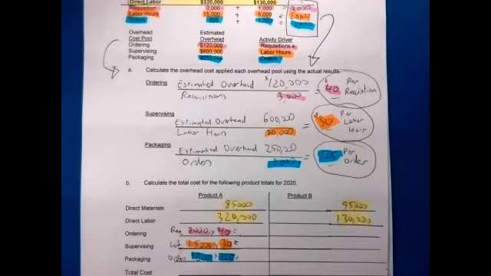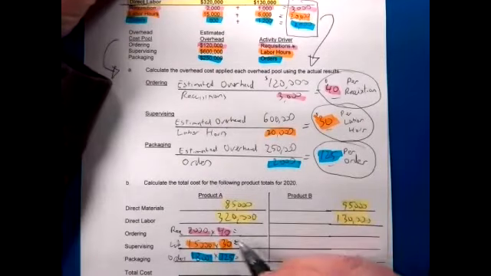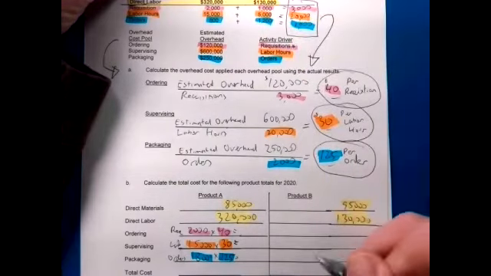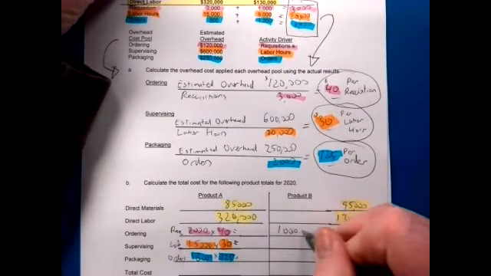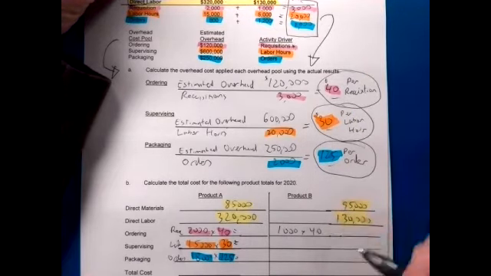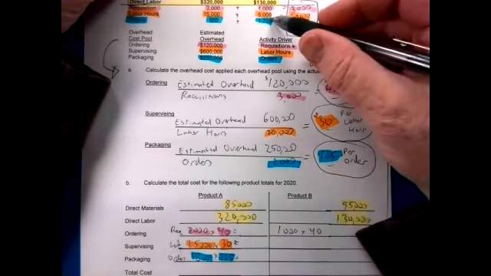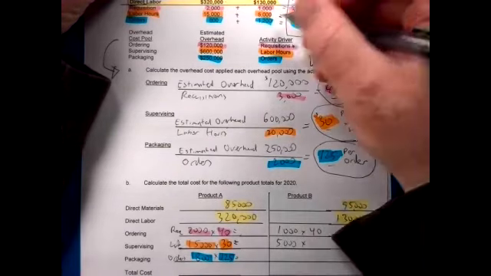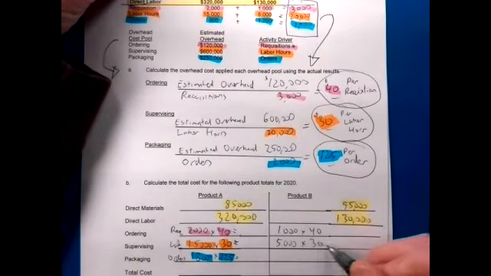And I'm going to do the same thing for B. For B, they had requisitions of 1,000 times 40. Labor hours, they had 5,000 times 30.